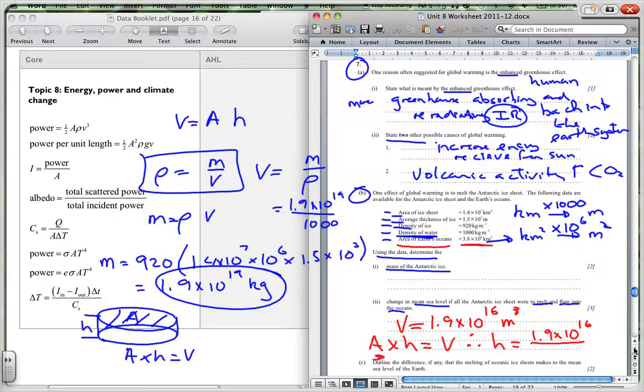Now that's over here, that's 3.8 times 10 to the 8, but that's kilometers squared, so I must multiply that by 10 to the 6 to make it into meters squared. This is meters cubed over meters squared, so that's going to cancel, and we're just going to be left with meters, which is the height, and this works out to be 50 meters.